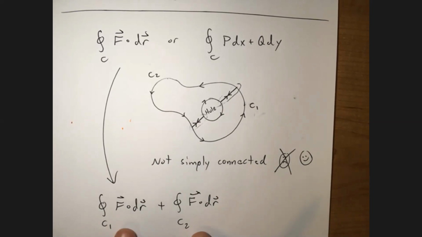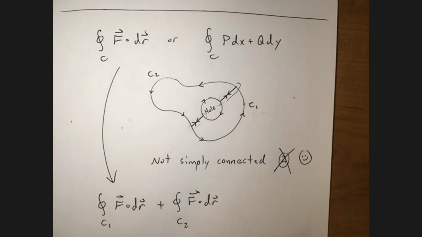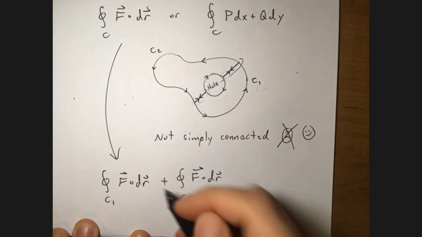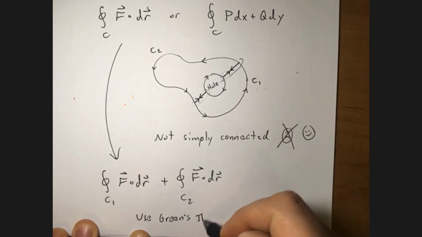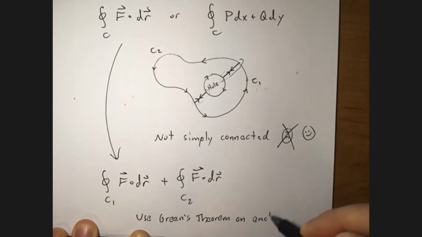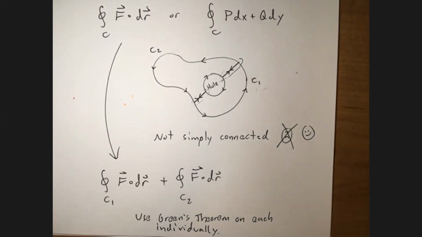Green's theorem applies to each one of these individually because each of these separate regions is simply connected. So we can use Green's theorem on each individually, and that's why we're happy now.